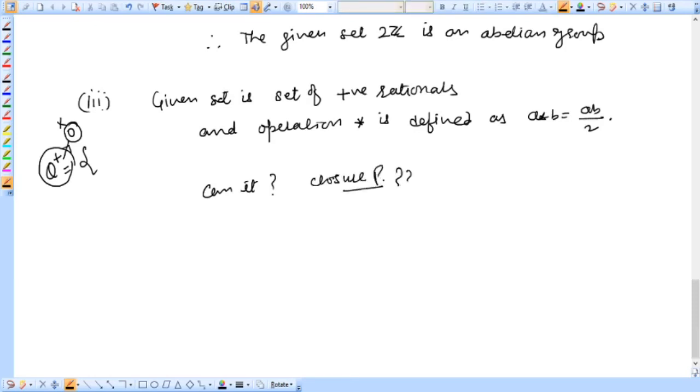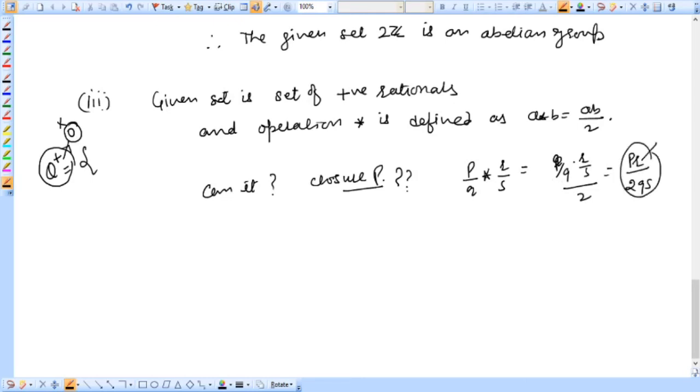Closure property. See, if you are having two rational numbers, p by q and r by s, and you operate them, what will you get? p by q star r by s is pr divided by 2qs.